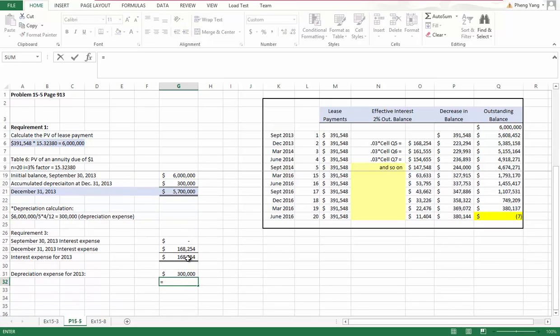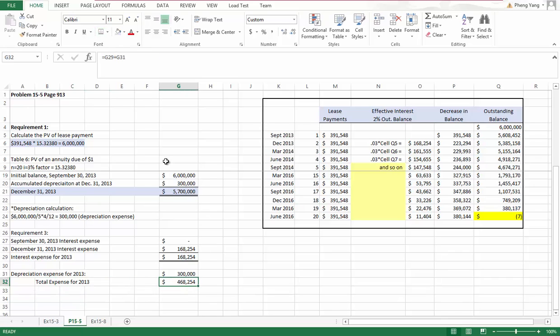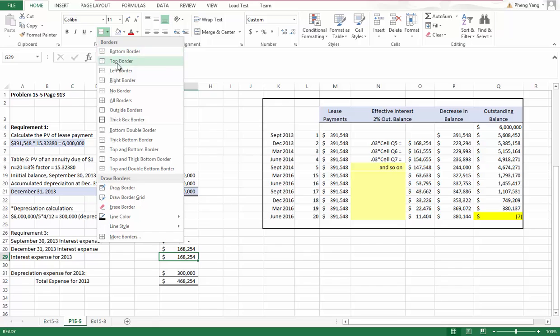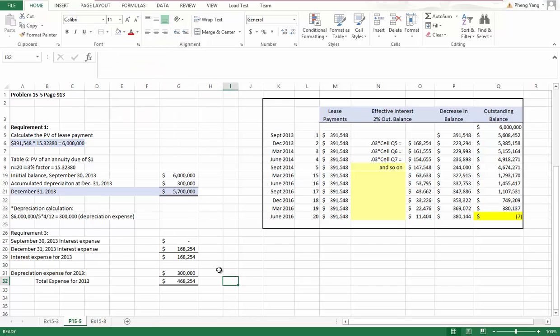So my total expenses would be this amount here, the $468,254. Okay, requirement 3 is done.